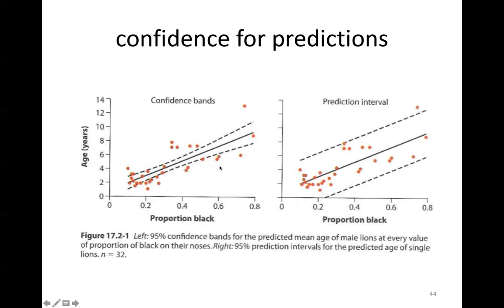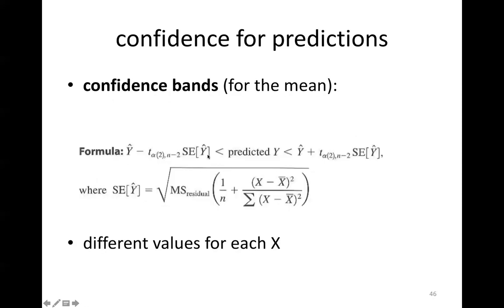We have this range, and this range is defined by the predicted y value minus and plus the critical value from the t times the standard error of y. And what's the standard error of y?